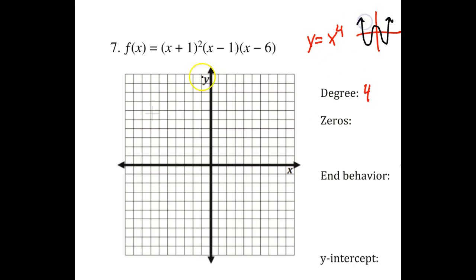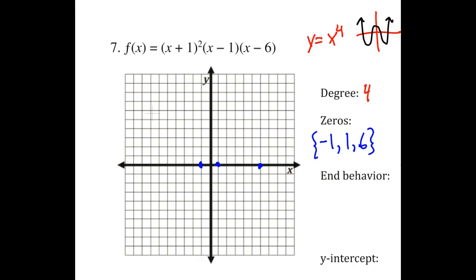However, one of them is a double root. We have this x plus 1 squared, so -1 is a double root. That's where it's going to bounce off. And then we have +1 and +6 as our other roots. So we have -1, +1, and +6.